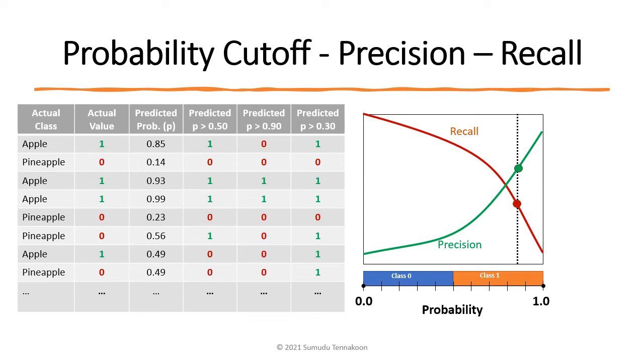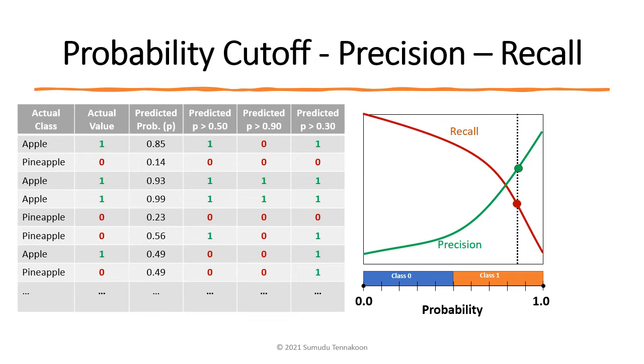Okay. So now let's look at the same thing in a diagram. In the right side diagram, the x-axis is the probability value you can take as the threshold. So let's say you are cutting off at some probability threshold value. You will change the precision and recall.